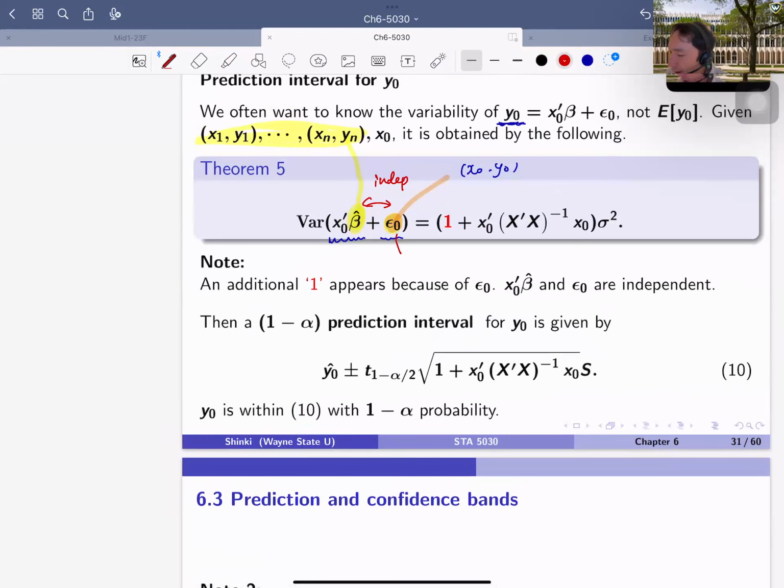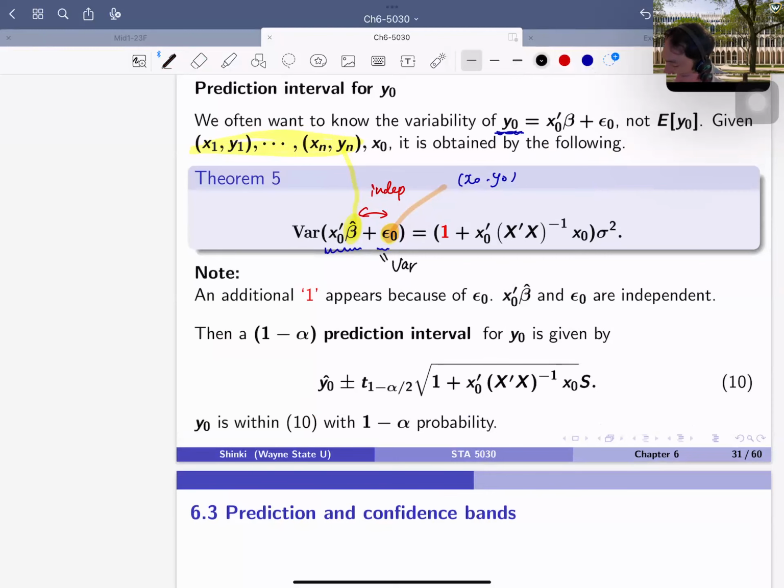This should be equal to the variance of x naught prime beta hat plus the variance of epsilon naught. And the variance of x naught prime beta hat is given by the previous page, this one times sigma. The variance of epsilon naught is by definition sigma square. So we have 1 here: 1 plus this quantity, times sigma square. That is our prediction interval.